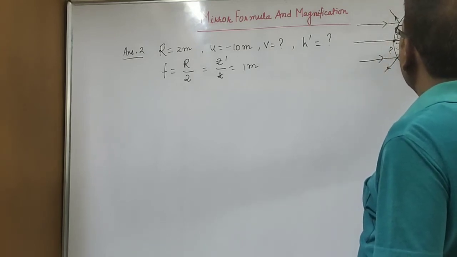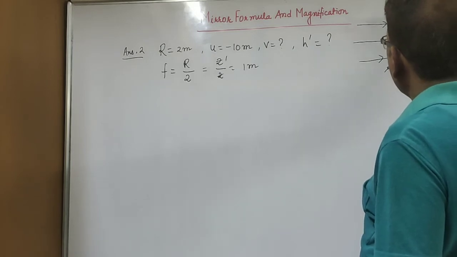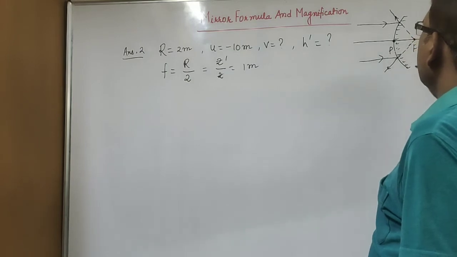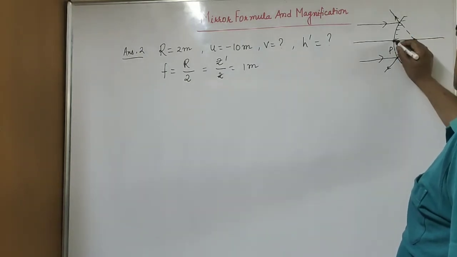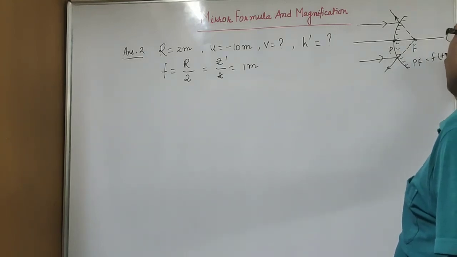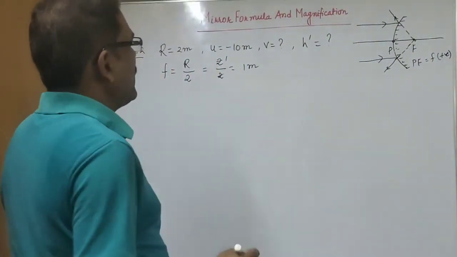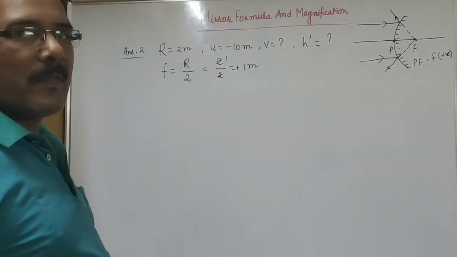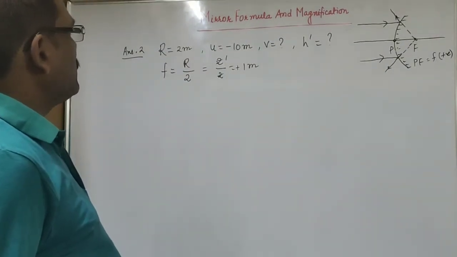And if you produce it backward, they meet somewhere here. This point is F. So this distance PF is towards the right of the pole. So focal length is positive here in case of convex mirror. So we have plus 1, isn't it? So v and focal length are known to us now.